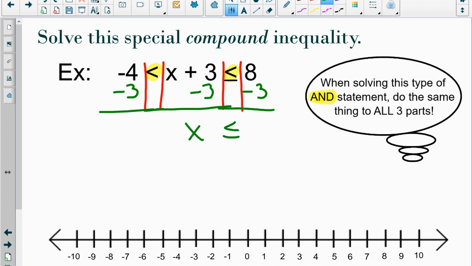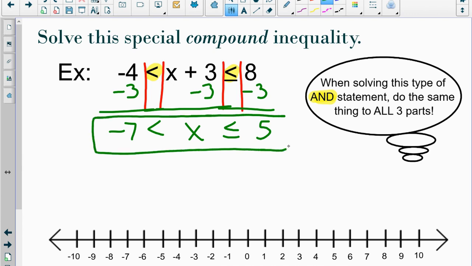I just bring those straight down, right in line. And then I have to simplify the left and the right-hand side. On the left-hand side, -4 minus 3 is -7. On the right-hand side, 8 take away 3 is 5. So I get -7 is less than x, which is less than or equal to 5.